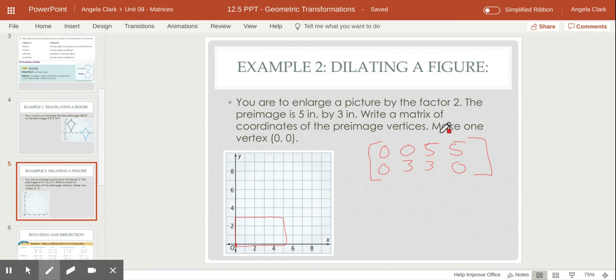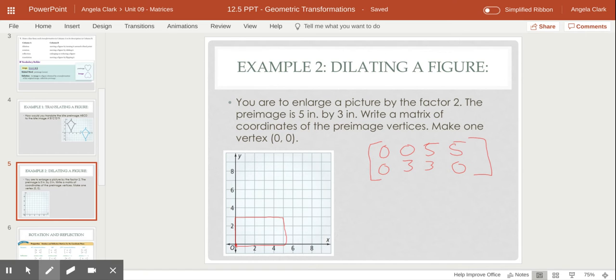To dilate, we are just going to multiply by the factor. So we're enlarging, so we're multiplying by a factor of 2. If this said reduce by a factor of 2, then we would multiply by 1/2 or divide by 2, right? That would be the same thing.